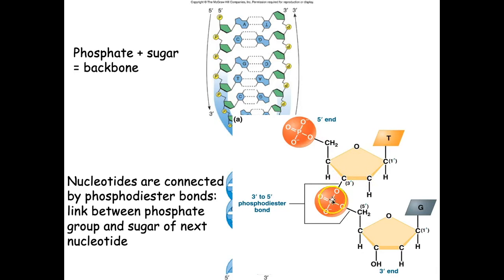And then this bond right here, to this next phosphate, bonds this whole nucleotide to this whole next nucleotide. So this bond right here is a phosphodiester bond. It's a very, very strong bond. So this nucleotide is bound to this next nucleotide through a strong bond.